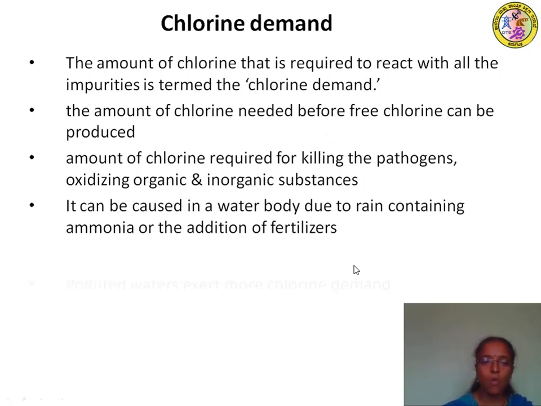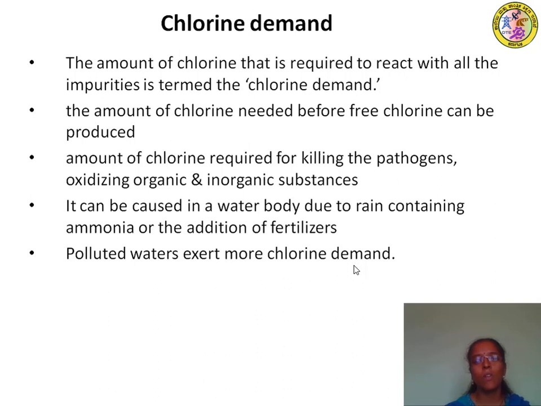Polluted waters exert more chlorine demand. If the pollution or the impurities in the water are less, definitely the demand will be less. And if the pollutants or the impurities in the water are more, then the demand will be more.